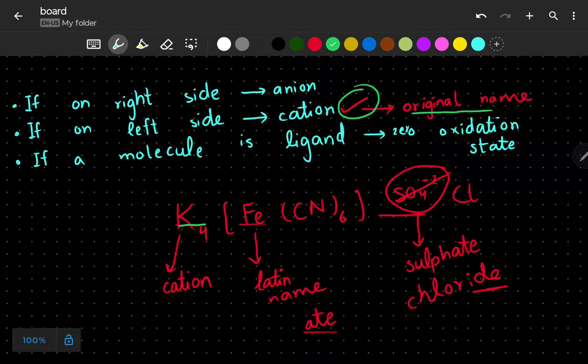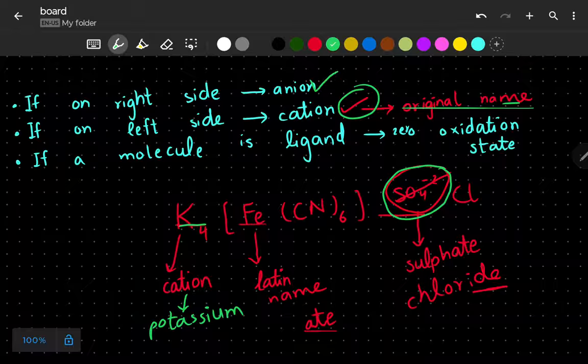And it is always named as its original name, like potassium. But if there is a compound or single atom on the right side, then it is an anion. If this is like a sulfate molecule, then we will write sulfate here.